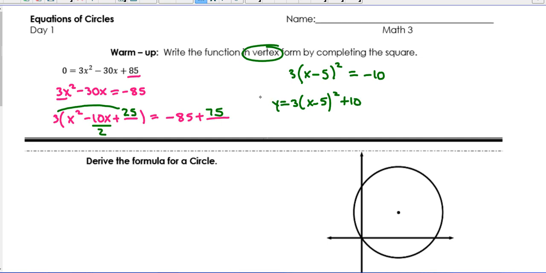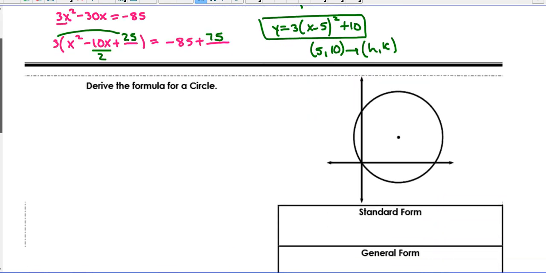And if I write y equals, then this is the vertex form of the quadratic that I started with in standard form. If you remember back to last year, the negative 5 in here tells you that your h value is 5, and your k value is 10, which tells you your vertex is at 5, 10. That's your h, k, which we're going to talk about in the next problem.